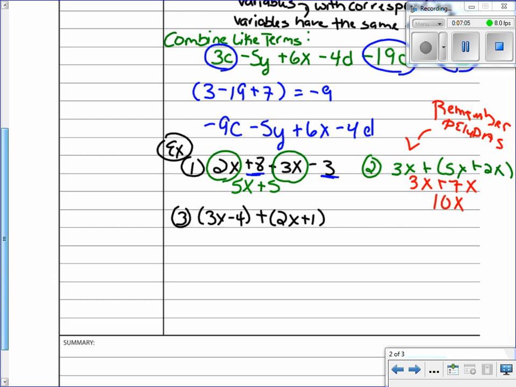So I can just drop them. 3x minus 4 plus 2x plus 1. 3x plus 2x combines to be 5x. Negative 4 plus 1 combines to minus 3. So that simplifies to 5x minus 3.